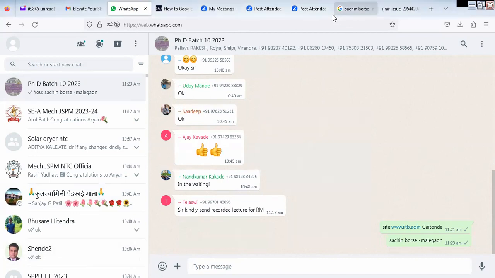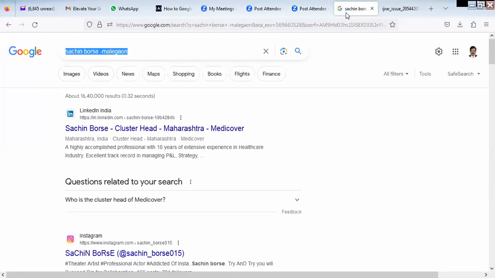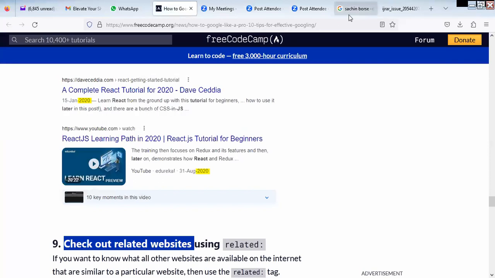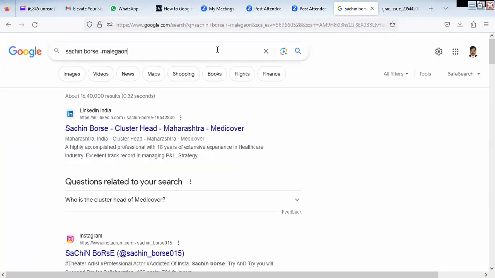Now we can also search for a particular file. Next thing is, I want a particular file type.